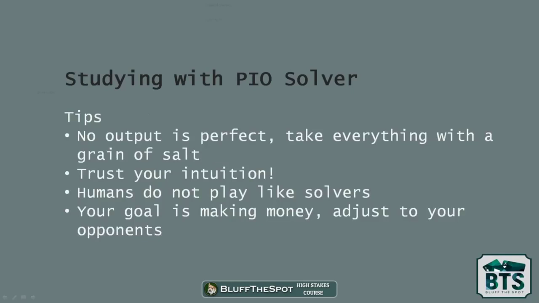Some final tips. No output is perfect. Take everything with a grain of salt. Again, these are outputs made by us. They're extremely good, but they're not perfect. So don't assume that everything you see is perfect. And even if it were, humans do not play like this. So make sure to trust your intuition.